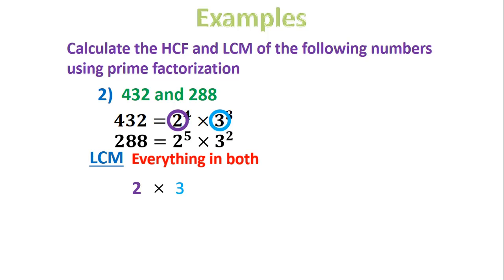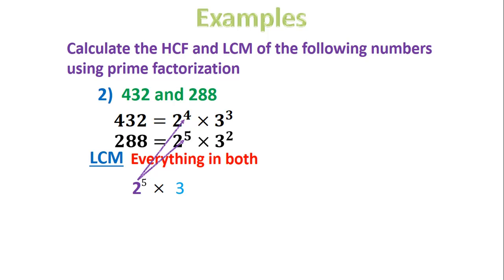Now even in the second number, 288, there are no other prime factors. It's 2 and 3. Alright, so let's look at our exponents. So for my 2, I've got 4 and 5. 2 to the power of 4 and 2 to the power of 5. With our lowest common multiple, we take the higher one, and so that's 2 to the power of 5.